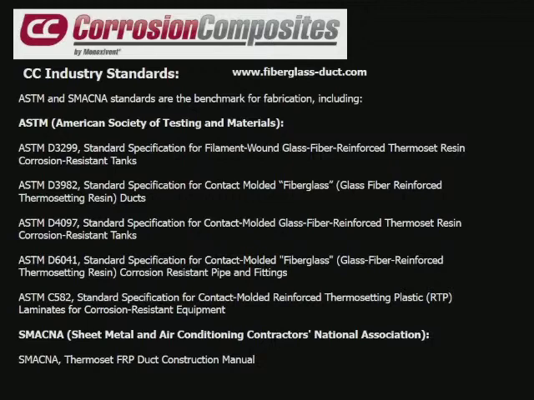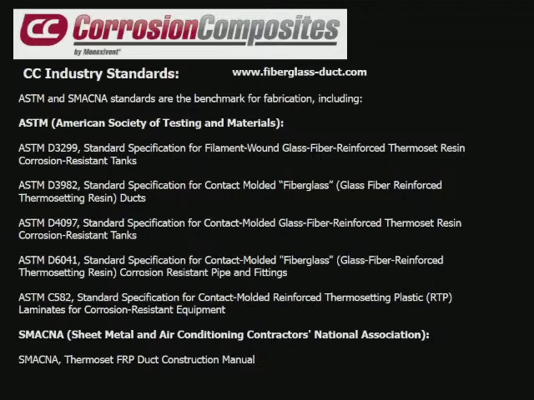That's the last one on the list there from the bottom. And that one is the typical corrosion laminate. And that's what I just described: a corrosion barrier, veil, mat, and then the structural. That all comes from C582. The one that drives duct is up the list there, D3982.